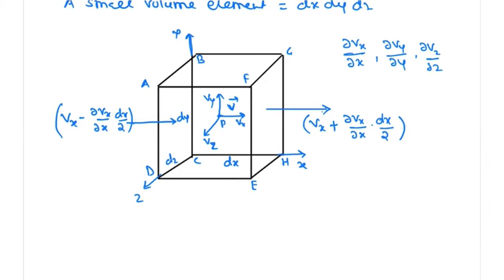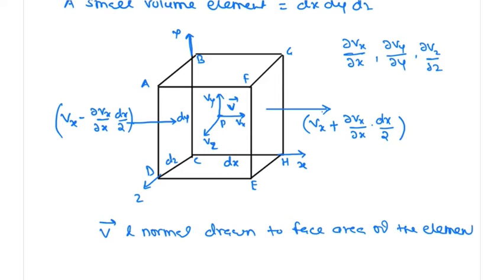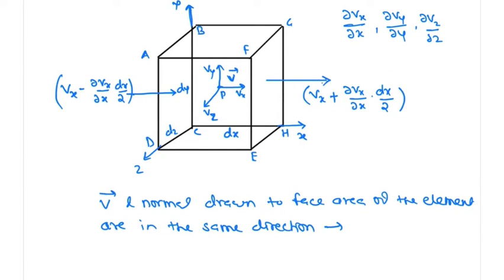here, if the vector point function V and the normal drawn to the face area of the element are in the same direction, then the flux of the fluid is taken to be positive.